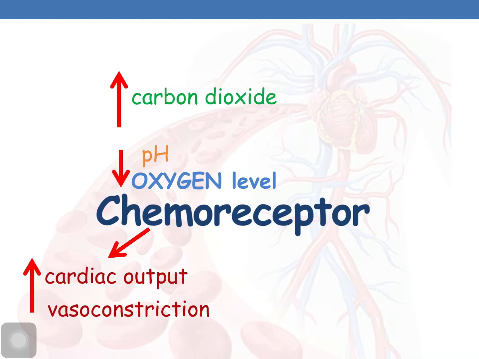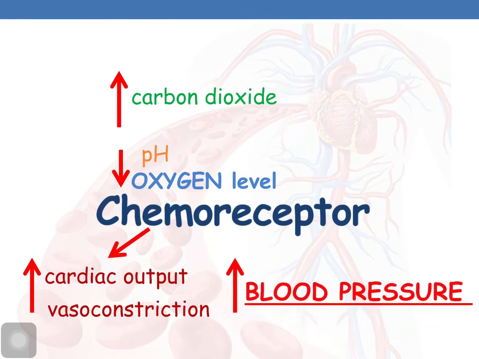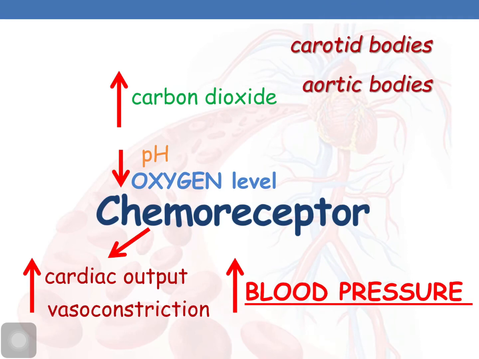This increase in cardiac output and increase in vasoconstriction thus increases blood pressure. That follows speeds the return of blood to the heart and the lungs. The most prominent chemoreceptors are found in the carotid and aortic bodies, located close by the baroreceptors in the carotid sinuses and aortic arch.